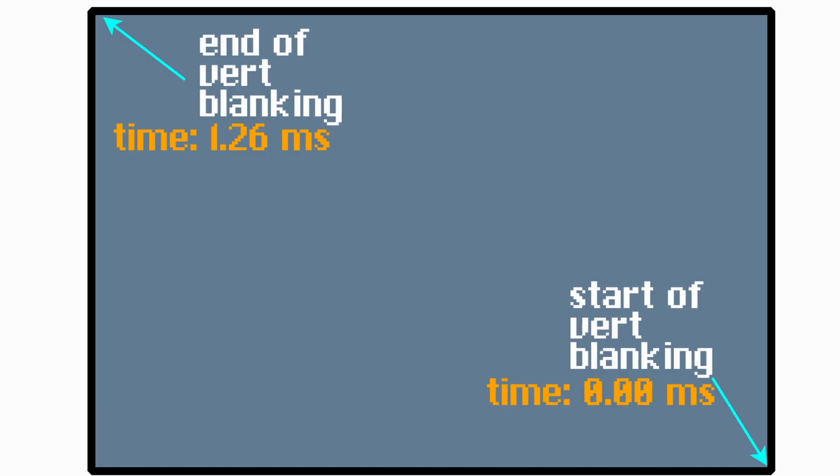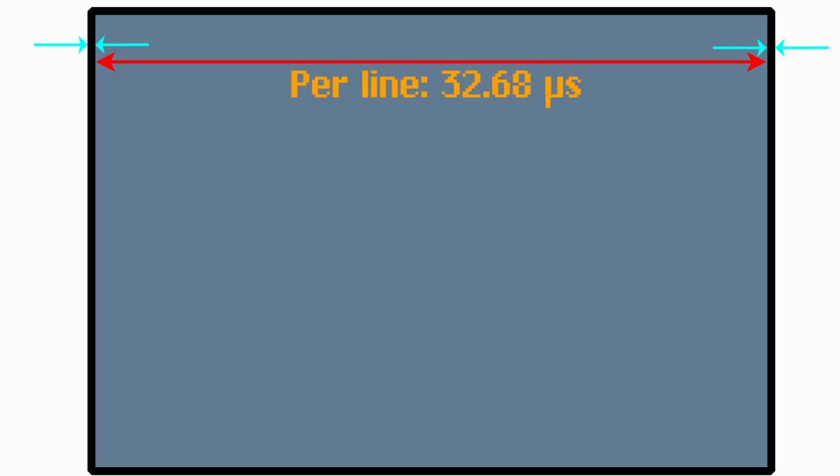The beam will take a small but still significant amount of time to go all the way back at the top left to get ready to draw the first line. Each line starts with a left side black border followed by the active 512 pixels and finally a right side black border and takes exactly 32.68 microseconds each.